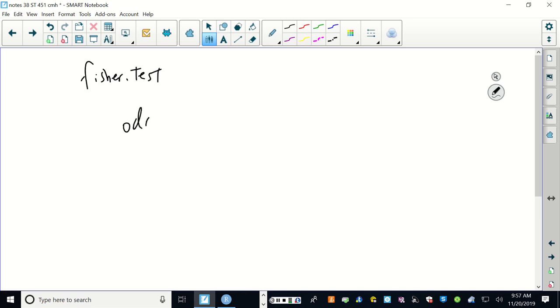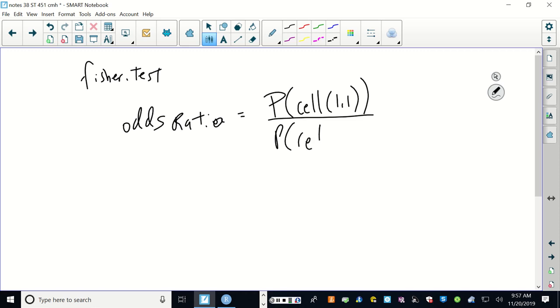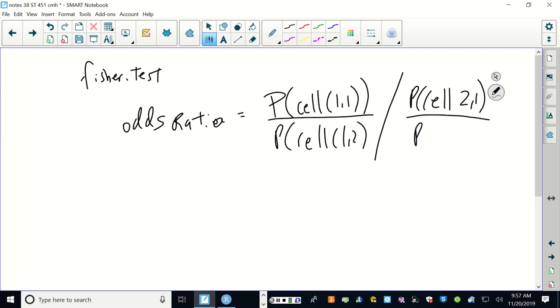The odds ratio is the probability of being in the first cell over the probability of being in this other cell, divided by the probability that you're in cell 2, 1 over the probability that you're in cell 2, 2. This gets estimated.